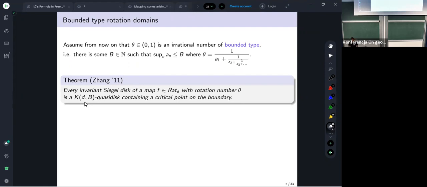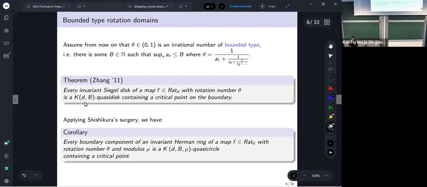The next question is, can we say the same thing for Herman rings? We can use the Shishikura surgery and say that we actually have a similar statement. Every boundary component of an invariant Herman ring of a rational map is also a quasi-circle containing a critical point. There is a bit of an adjustment.